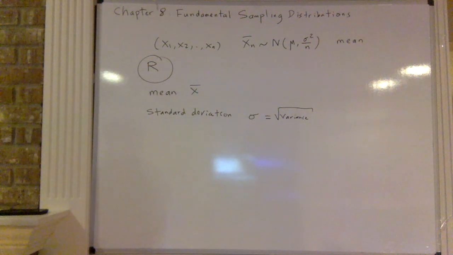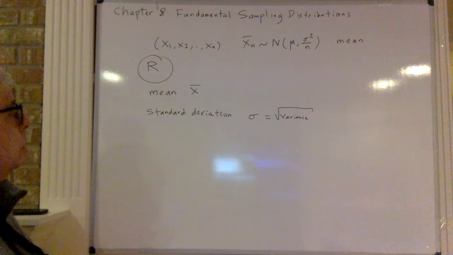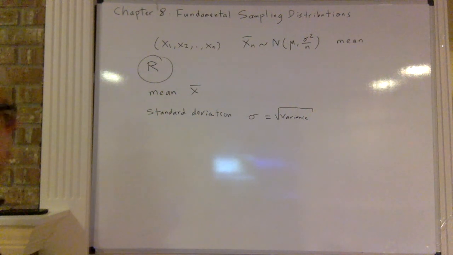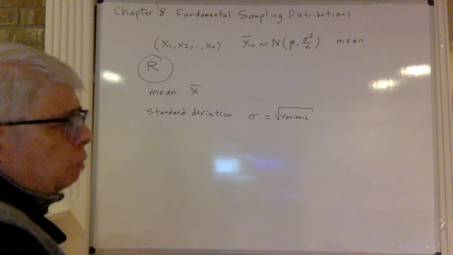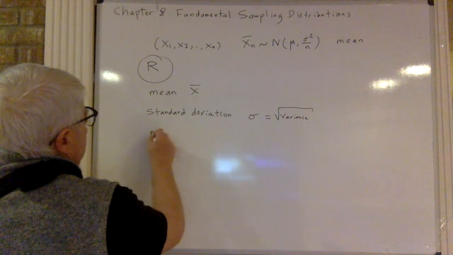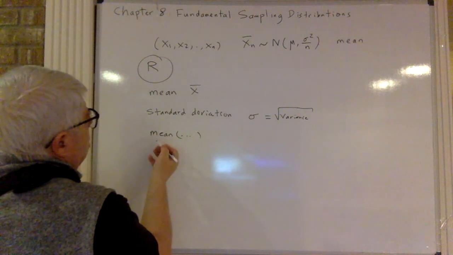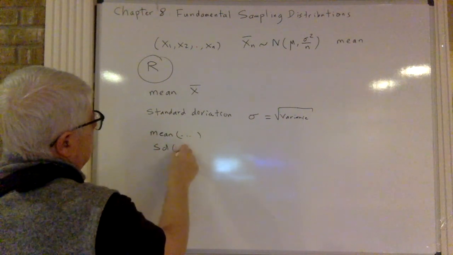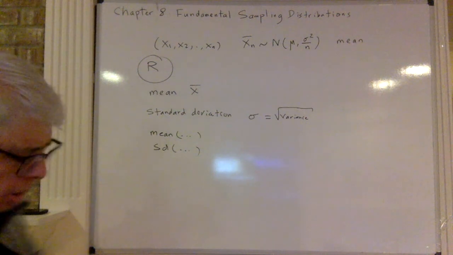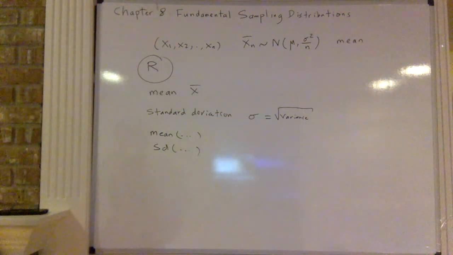So that's the square root of variance. So you have mean and standard deviation. You can find it. For example, mean is just mean of some data, and this one, I think it's like SD or something like that. You can Google that and see what command to use to find mean and standard deviation.